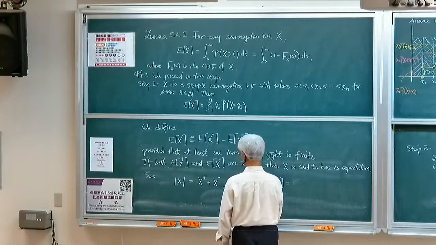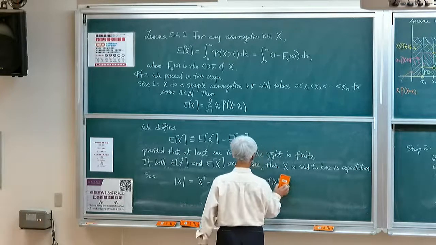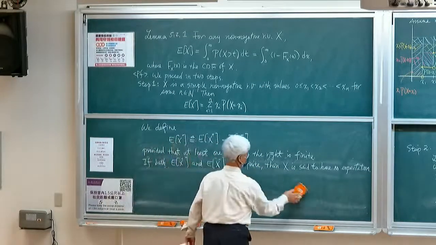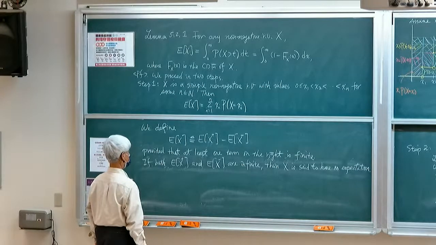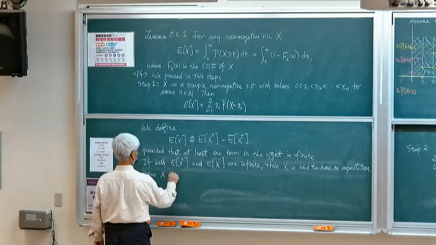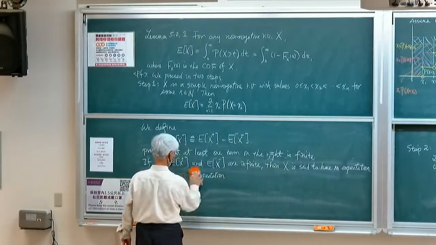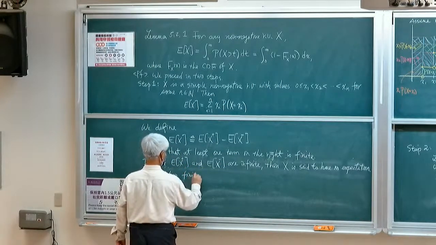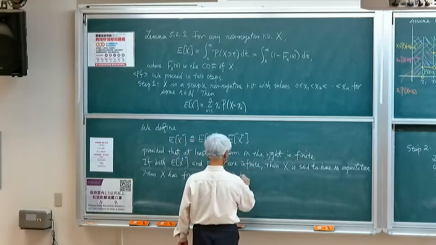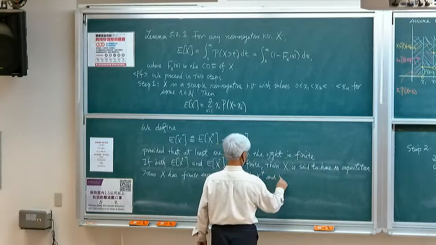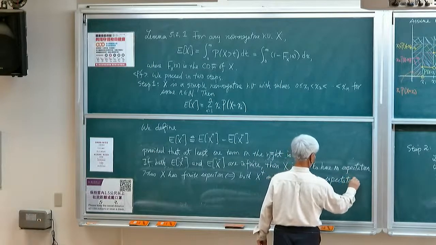So X has finite expectation if and only if both the positive part and the negative part have finite expectation, from the definition here.